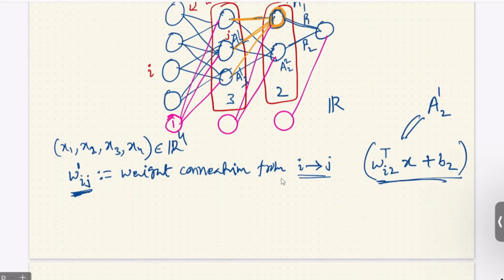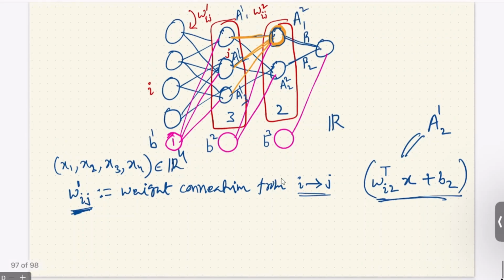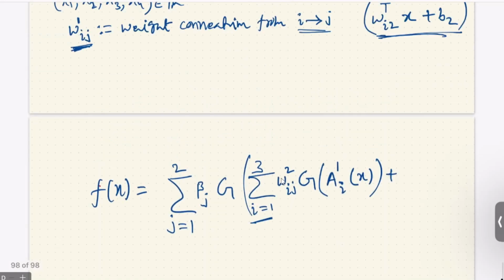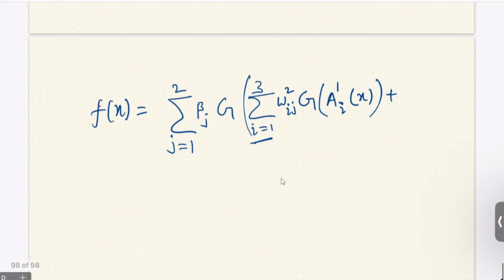So this bias I can take as B1, this bias as B2, this bias as B3. B1 is the bias going for the first layer, B2 for the second layer, B3 for the outer layer. You can decide what names you give the biases.